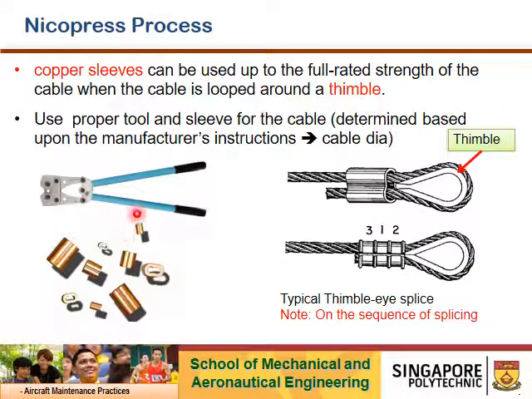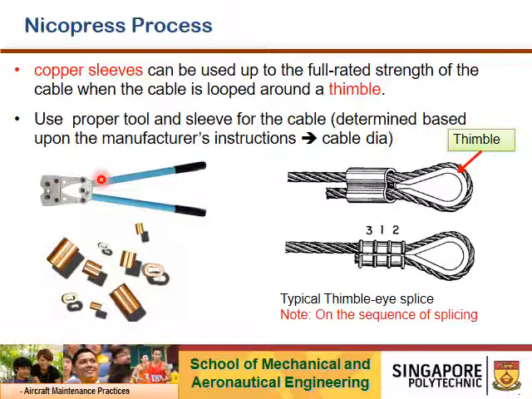Nicopress process, you can tell by looking at the tooling, compared to the swaging machine. The swaging machine utilizes impact force generated by hydraulic or pneumatic power. This is by human power. So it's a copper sleeve compared to the fitting we use on swaging, which is more of a steel type.